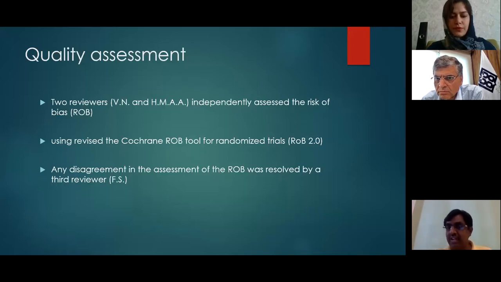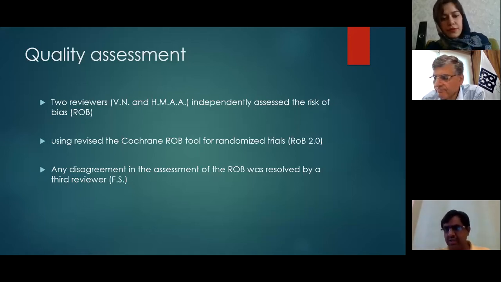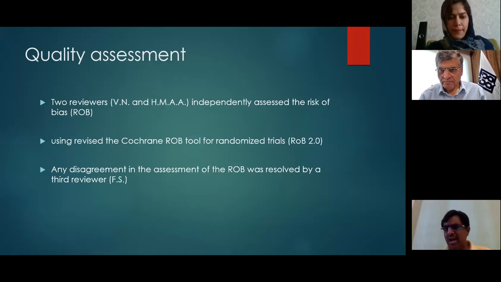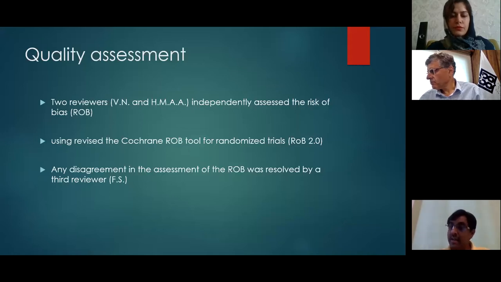So that's why we never went for inter-rater reliability. Coming to the selection of studies also, this is a small study. So hardly hundreds or thousands of papers only we had in the initial screen. So it's not mandatory to have inter-rater reliability.